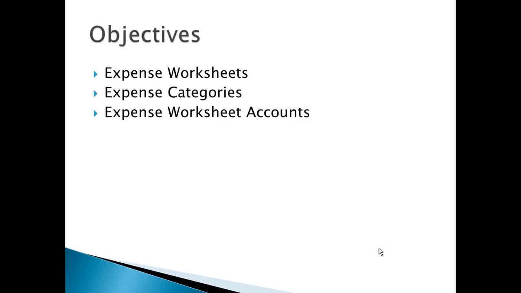Maybe you have one per employee. Maybe you have a general expense worksheet ledger for general expenses such as gas, light, maybe heating, water, office supplies, things of that nature, or as many expenses that you have, and then you can categorize them in worksheets. Expense categories. There again, I mentioned gas, water, light.